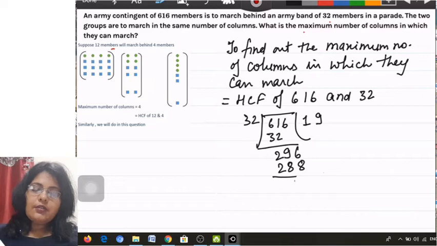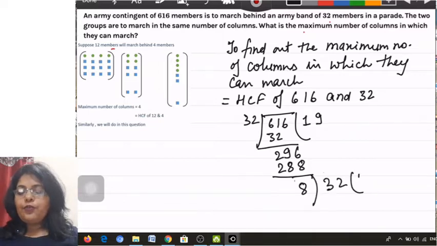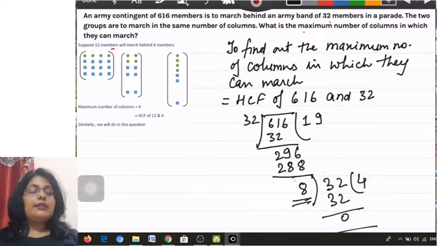8. Now this 8 we will again carry here, 32. 8 4s are 32 and the remainder is 0. Now when the remainder comes 0, then this is our HCF.